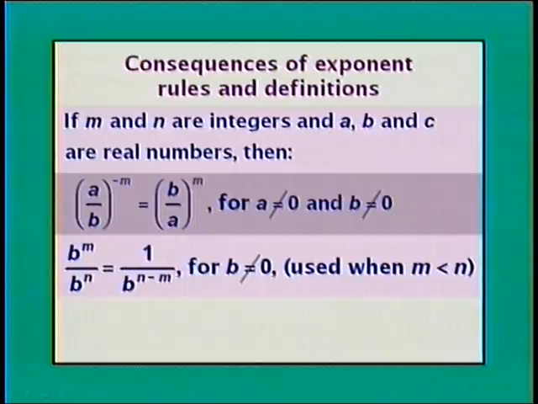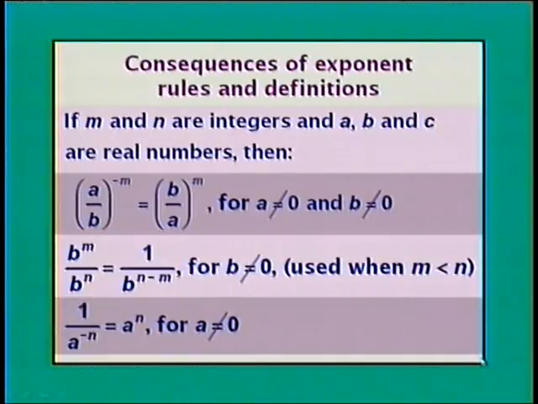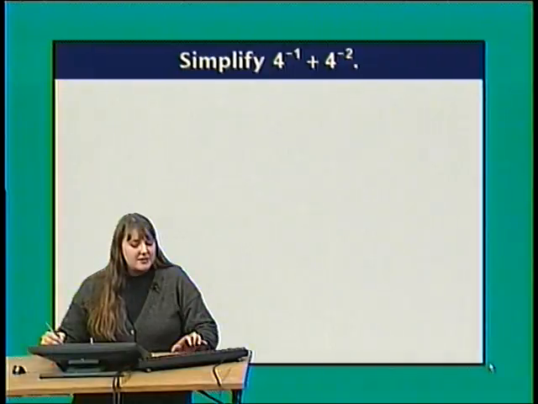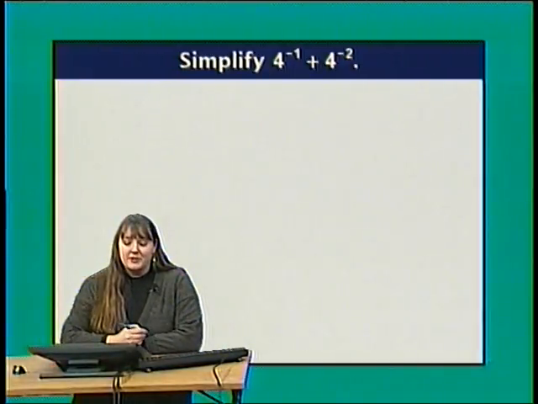So when the exponent in the numerator, m in this case, is smaller than the exponent in the denominator, we can move everything to the denominator. b to the m divided by b to the n equals 1 over b to the n minus m. 1 over a to the negative n can be simplified most quickly by writing it as a to the positive n. So let's look at some examples using some of these rules and definitions.